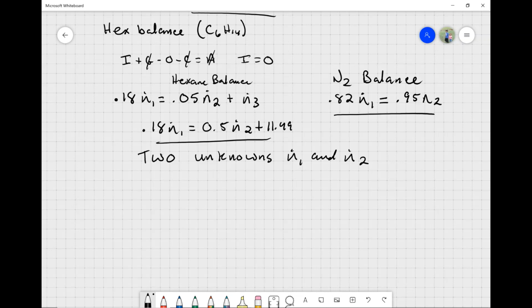And so we can do 0.82 N1 equals 0.95 N2, and we can say 0.18 N1 equals 0.5 N2 plus 11.49.